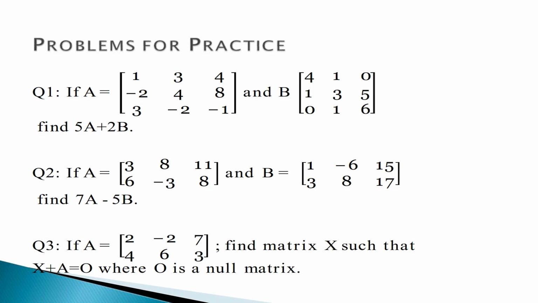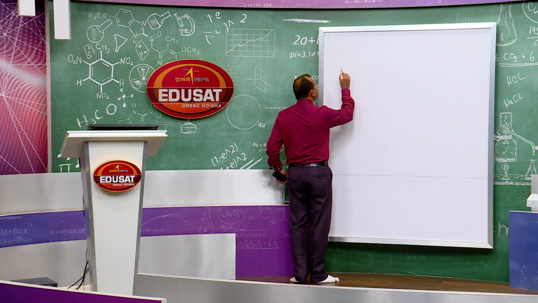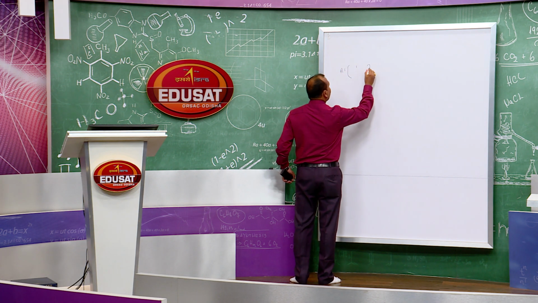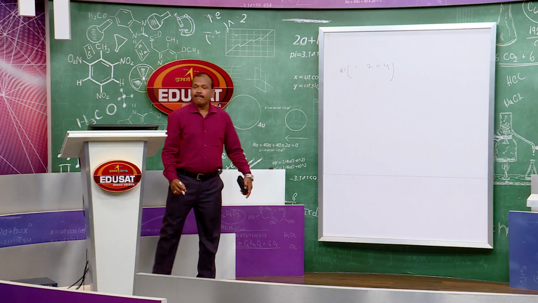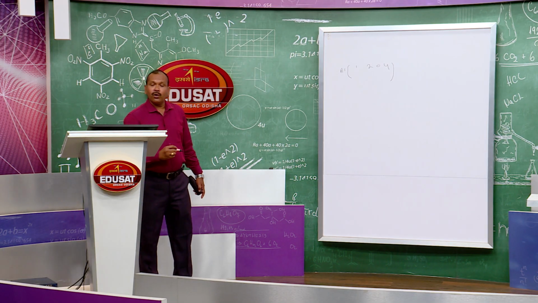Suppose number 5 is given, A is a matrix 1, 2, 0, 4 and 2, 4, minus 1, 3.